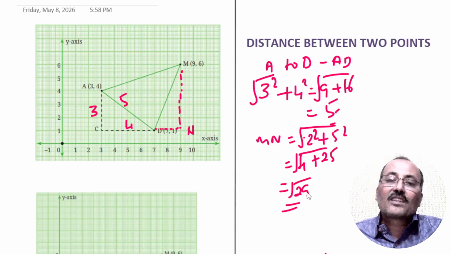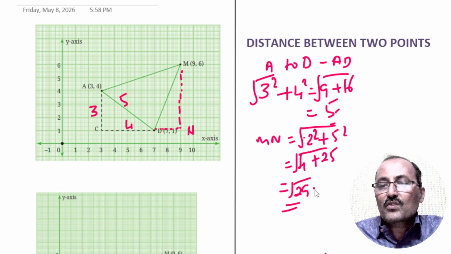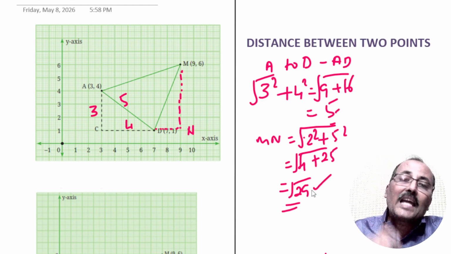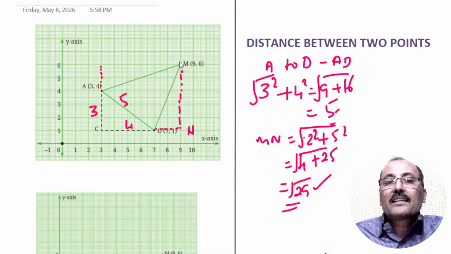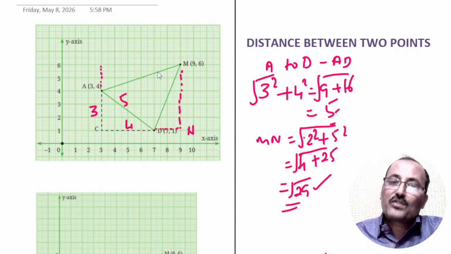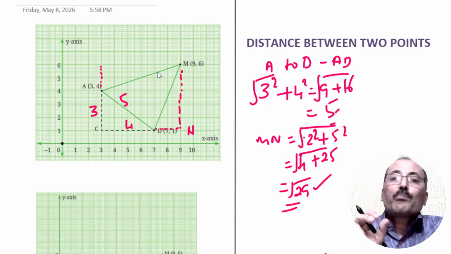Hence the answer is square root of 29. Is this 2 units? Yes, 2 units. And this is 1, 2, 3, 4, 5 units. Yes, it is perfect, it is 29 only. Likewise, here also you can form one right triangle and calculate the distance between these 2 points using the Pythagoras theorem.